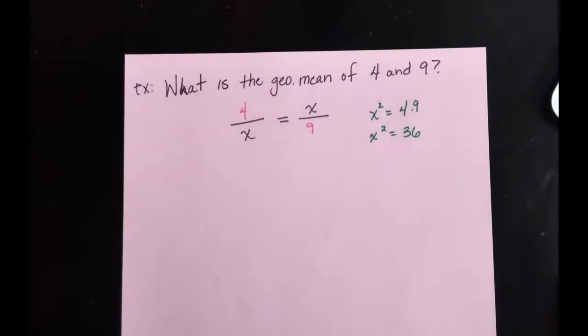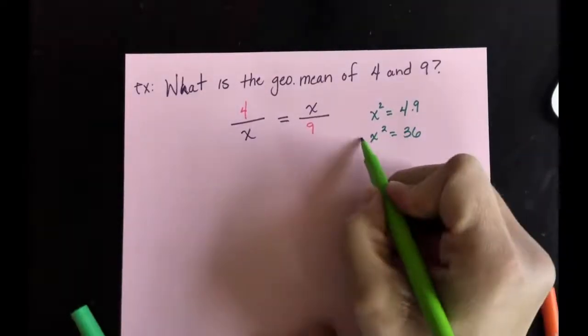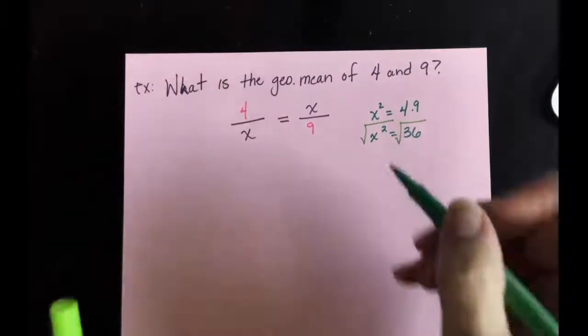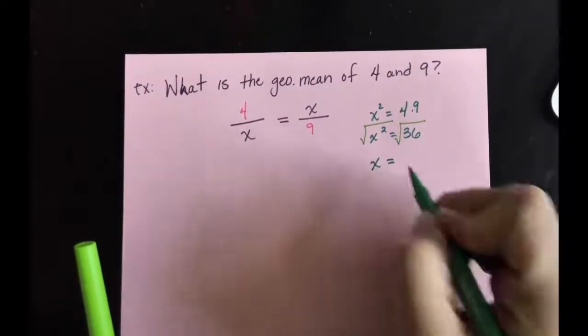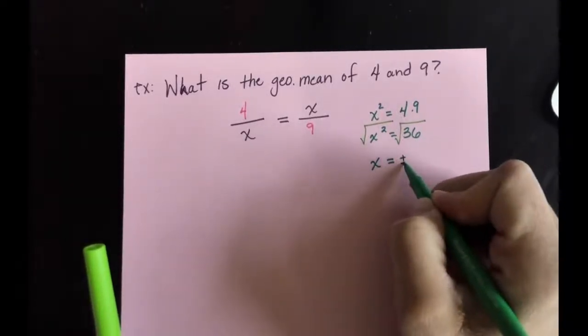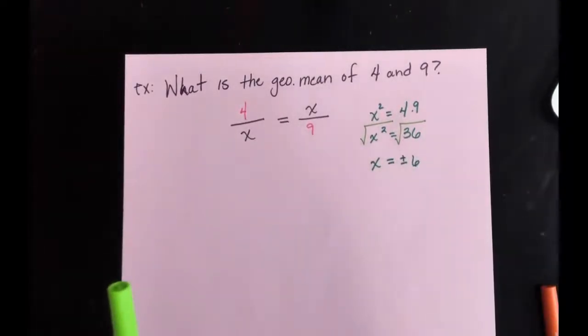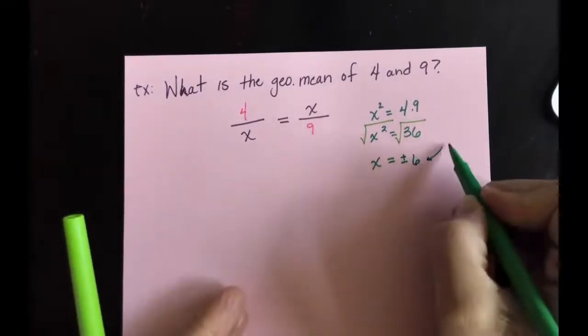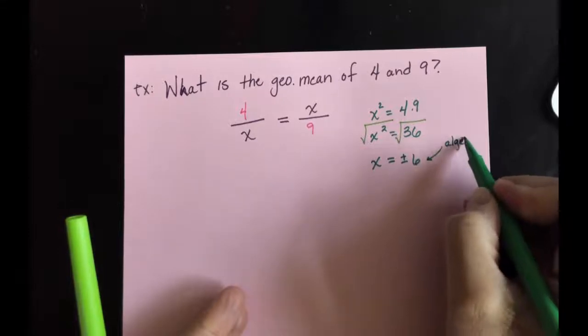Well, in order to solve, we have to now take the square root. So we end up with x is plus or minus 6. Now, you need to be careful because we know that algebraically that's plus or minus 6.